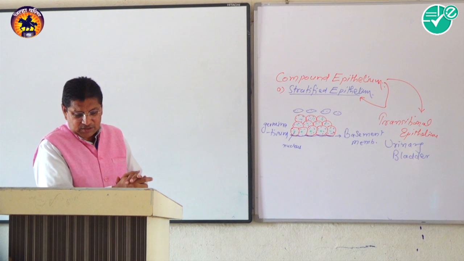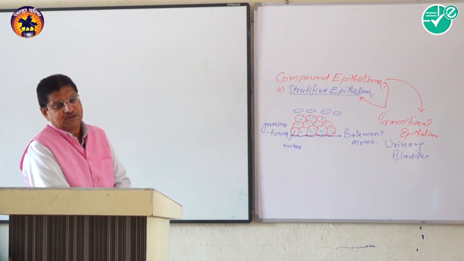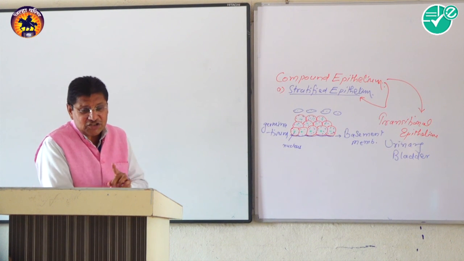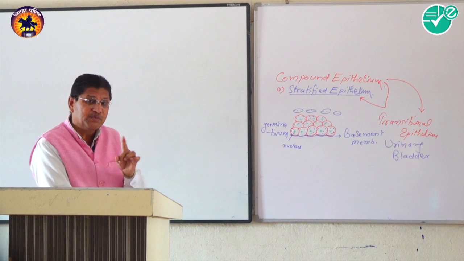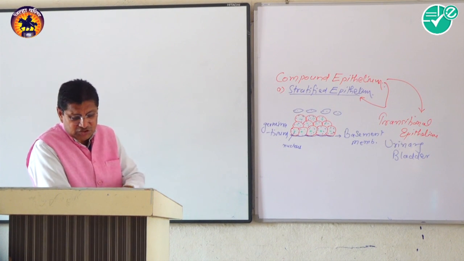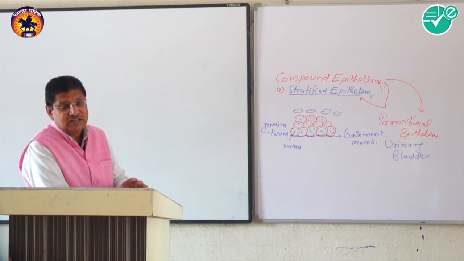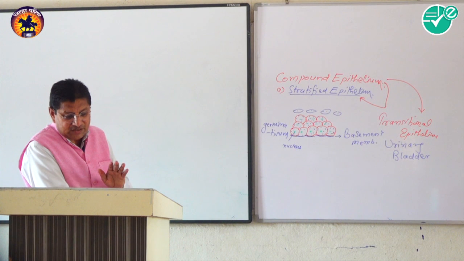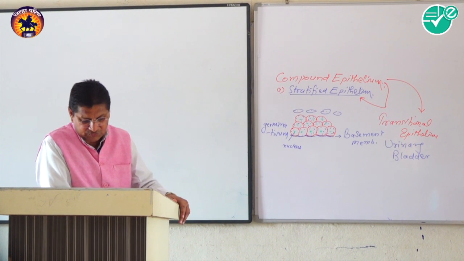Therefore, the main function of this epithelium is distension of the organ, depending upon the material present inside the bladder. Such cells are known as stretchable or distensible cells, and transitional epithelium is present in such organs.